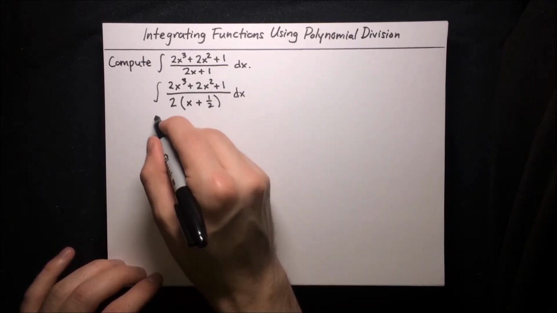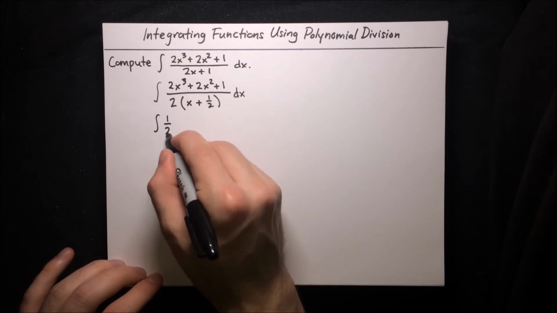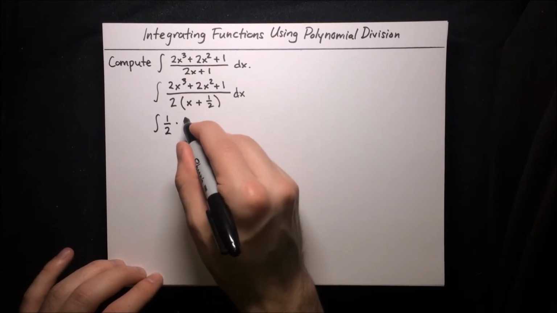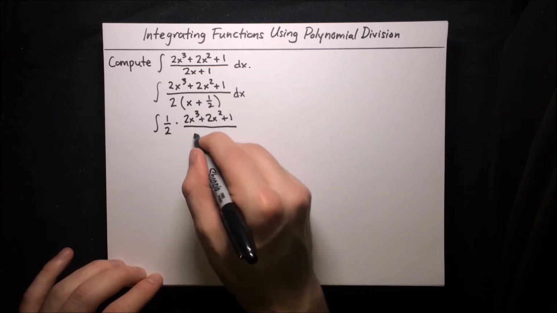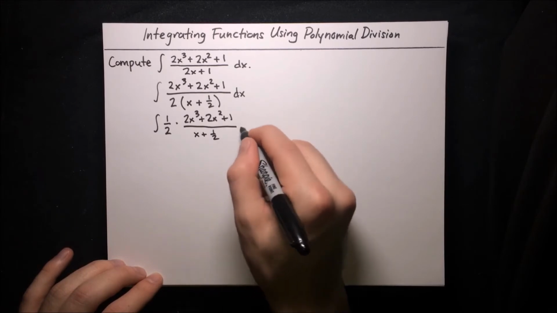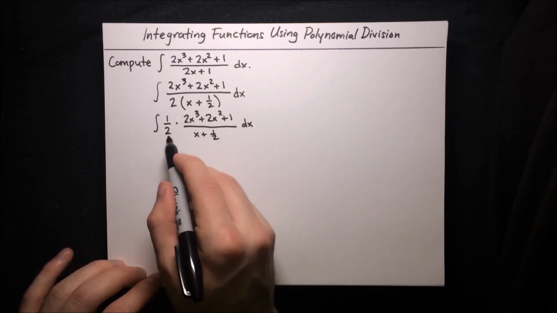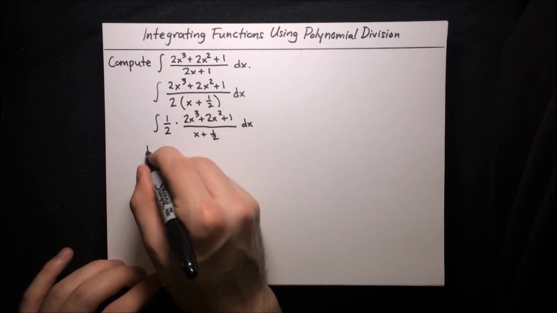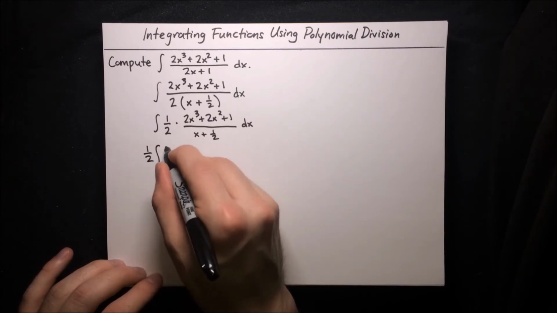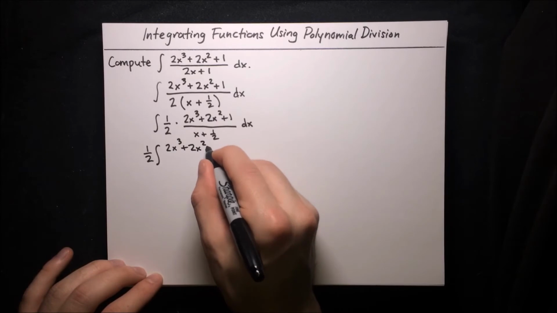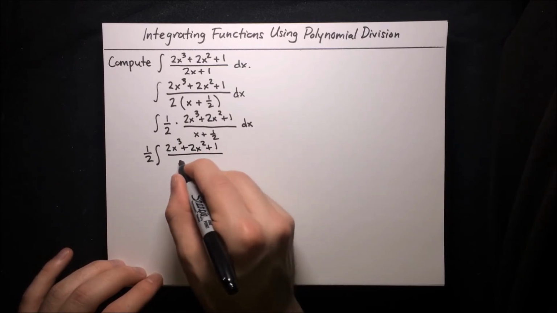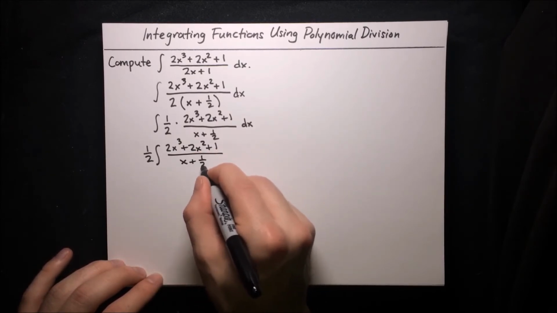This is really just the integral of 1/2 times that fraction, 2x cubed plus 2x squared plus 1 all over x plus a half. And we know that we can factor out constants outside the integral. So this is 1/2 the integral of 2x cubed plus 2x squared plus 1 all over x plus 1/2.